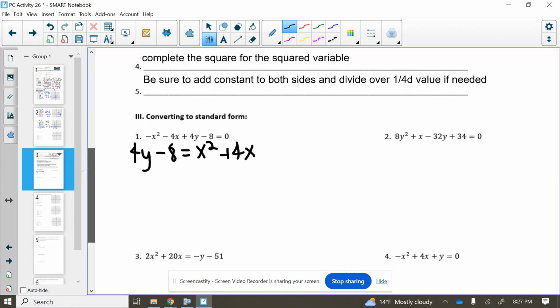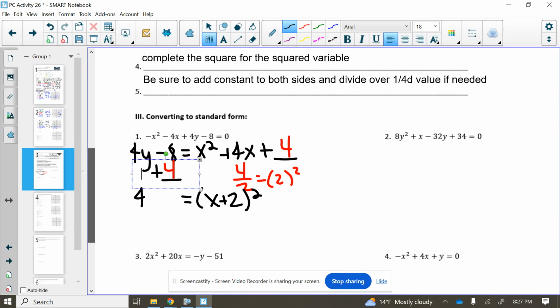Now, from there, again, we're going to end up completing the square, so we know we end up adding to both sides our c value. So 4 divided by 2 is 2, and then when we square that, we end up adding 4 to both sides. So we have x plus 2 when we factor on the right.